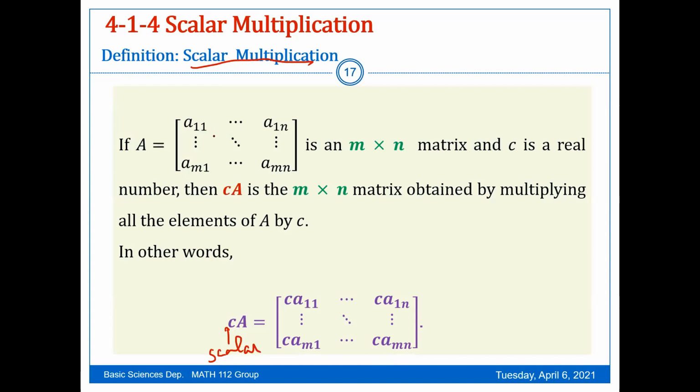In this case, we'll get a matrix of the same order as A. As we did in vectors, multiplying a matrix by a scalar means that you multiply all the elements of this matrix by C: CA11, CA12, CA13, CA1n, CAmn. So it's easy, just multiply all the elements by C.